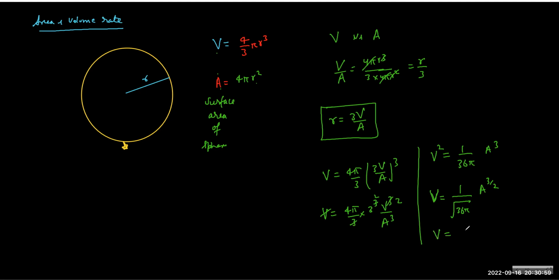So volume is 1 by 6 root pi, A power 3 by 2. As the balloon is inflated, the volume will change because you are putting something into it, and so the radius. So what is dV by dt? How can we write dV by dt? Can we differentiate both sides with time?